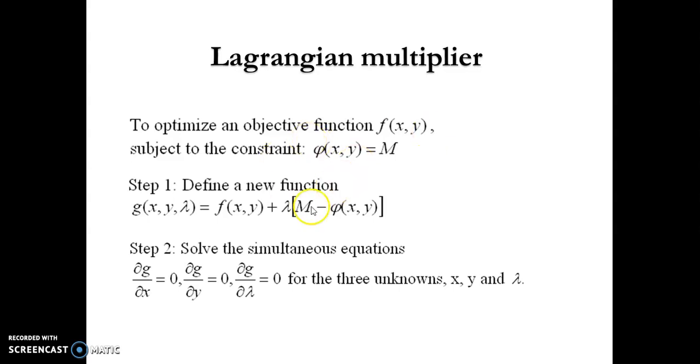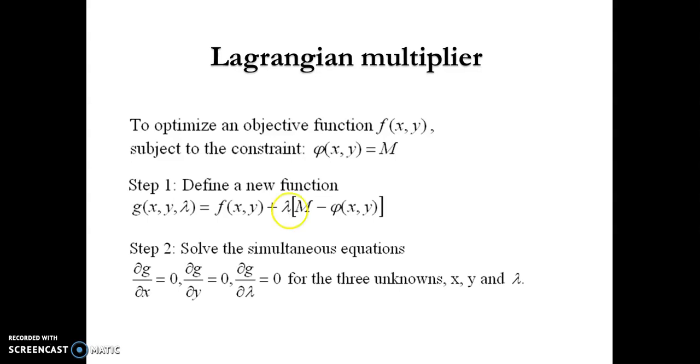Then you're going to add this portion to your objective function, and in so doing you have defined a new function, and this function here is now called your Lagrangian function. So this function itself is your Lagrangian function, and that scalar lambda is your Lagrange multiplier.